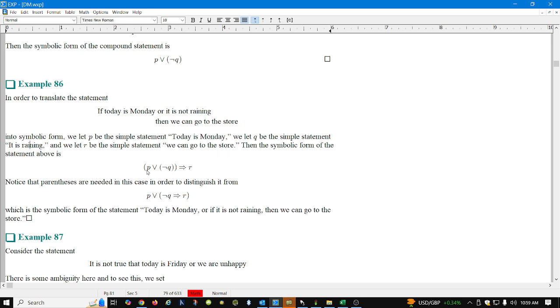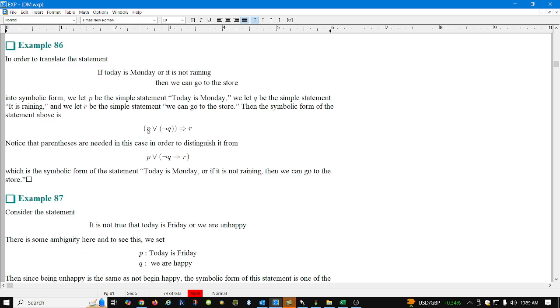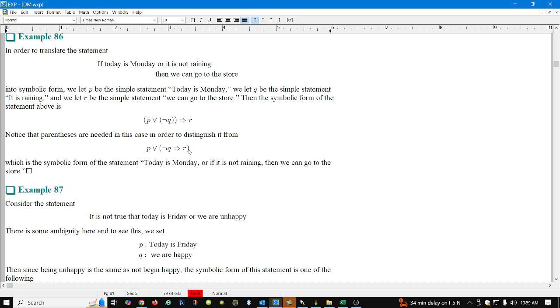Then this is the symbolic form: P or not Q implies R, or if P and not Q, then R. And the parentheses are important here because if we change the parentheses, we will get a different meaning. And I'll leave you to think on that.